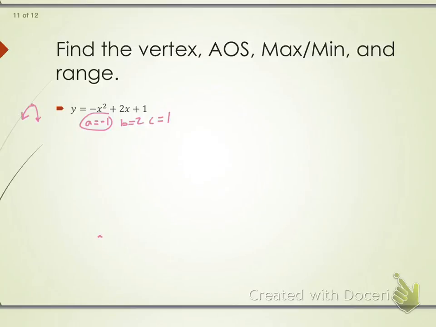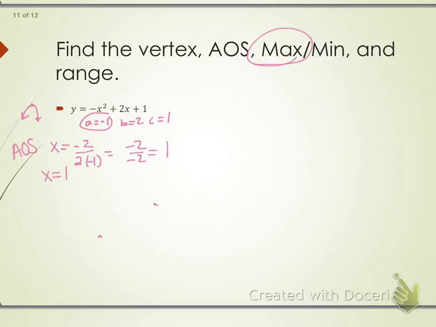So this time I'm going to have a maximum at whatever my vertex value is. Okay, so let's do our AOS first. So x equals negative b over 2 times my a. So negative 2 over negative 2, so 1. So x equals 1 is my AOS.